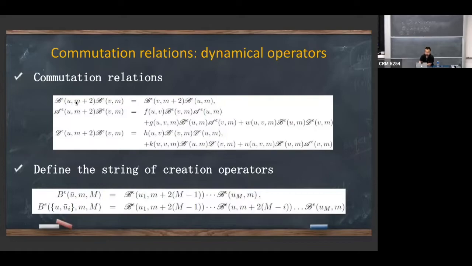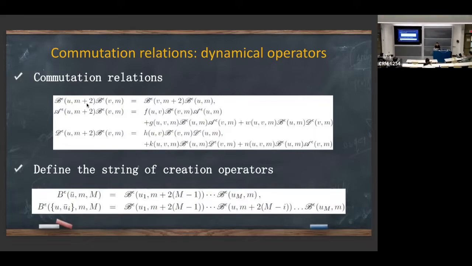These dynamical operators satisfy what we call a dynamical reflection algebra, and it's very similar to the standard reflection algebra. For example, take the first relation here, the commutation between the B's. In the standard reflection algebra, B of U and B of V commute. Now they do not commute because of this shift in the M parameter, but nevertheless it's a similar commutation relation.